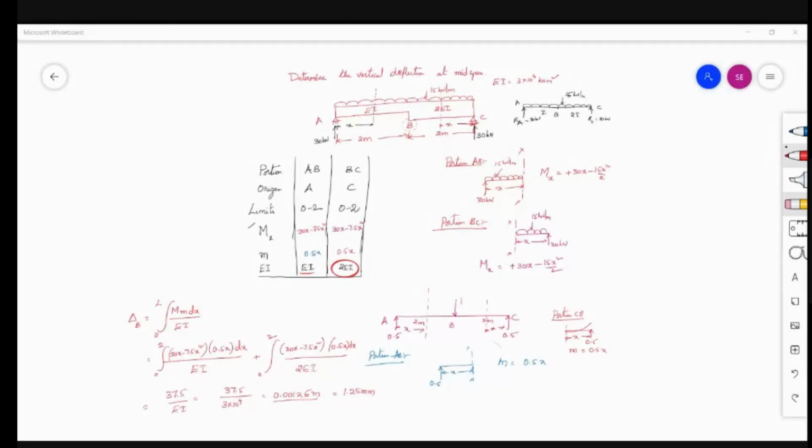Yeah, Mavia, are you able to understand it? So this is how we will solve as per unit load method.